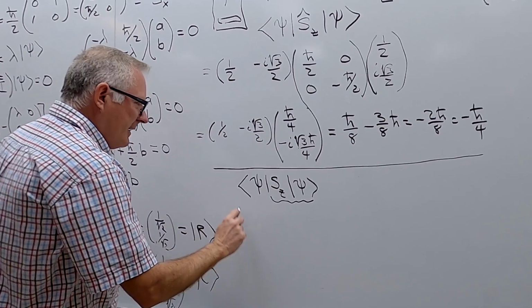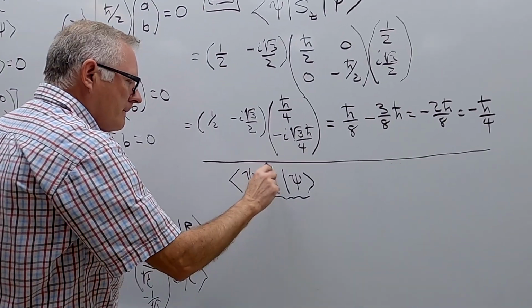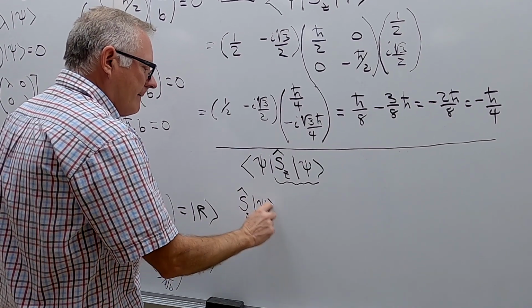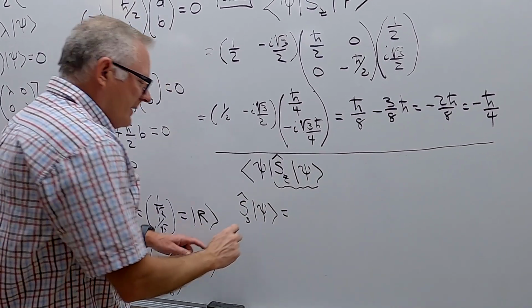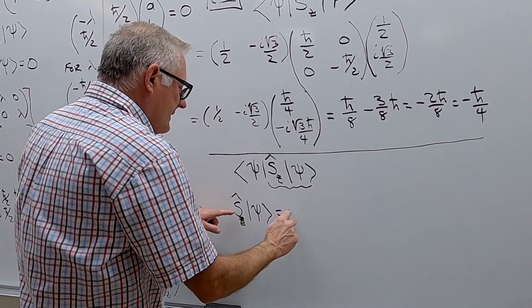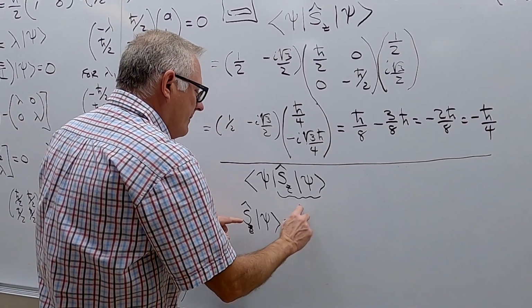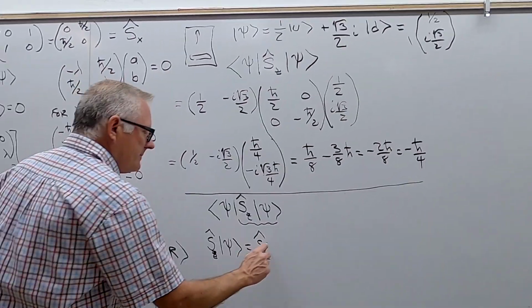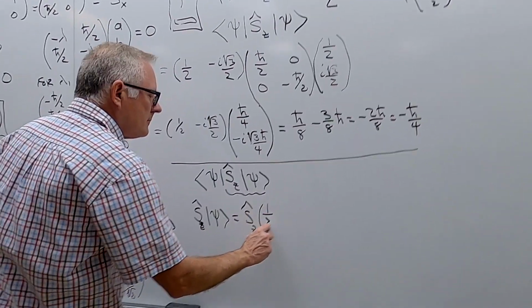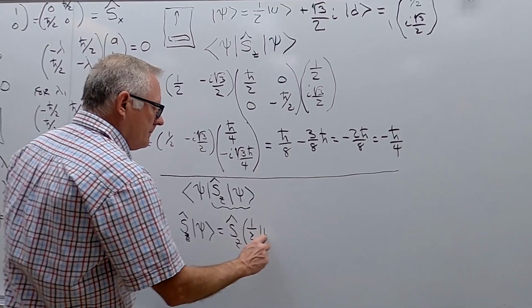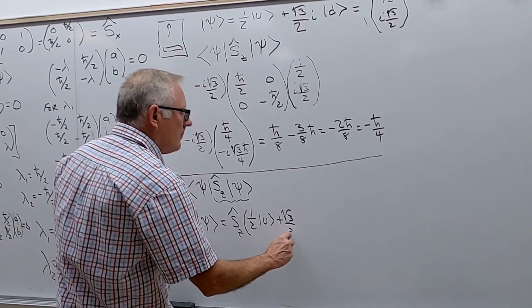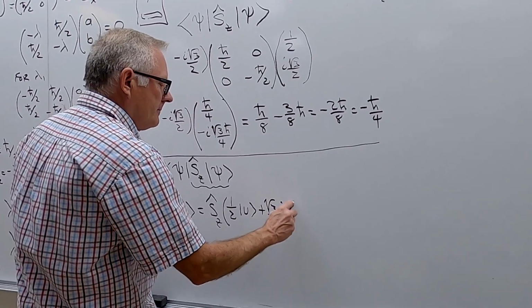S sub z acting on psi. Okay, so what does that give me? It gives me S sub z acting on this: 1/2 up plus the square root of 3 over 2 i down.